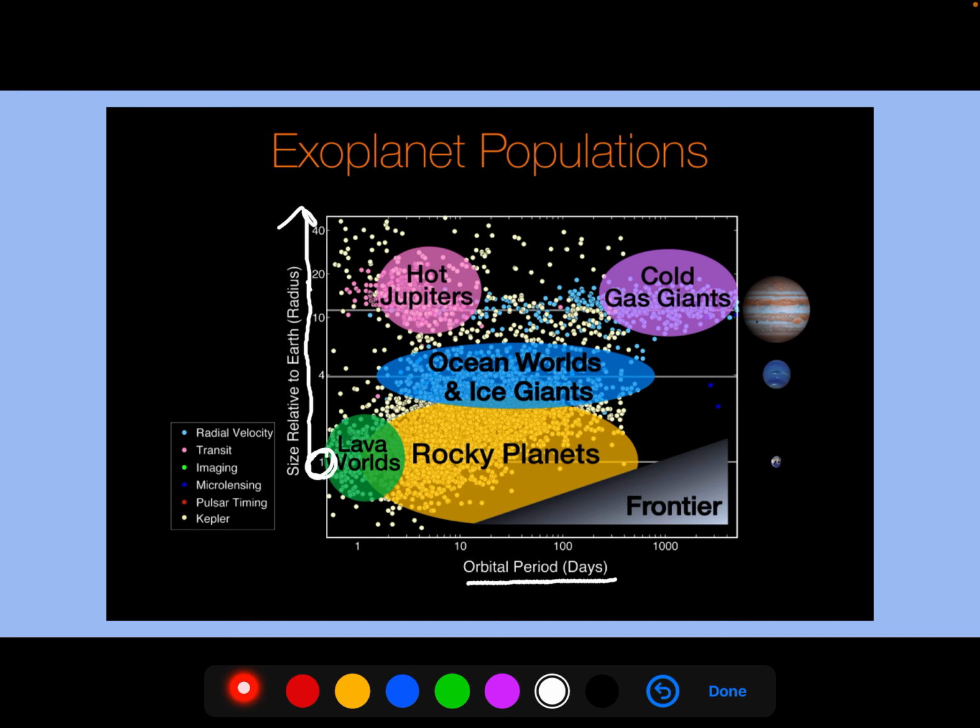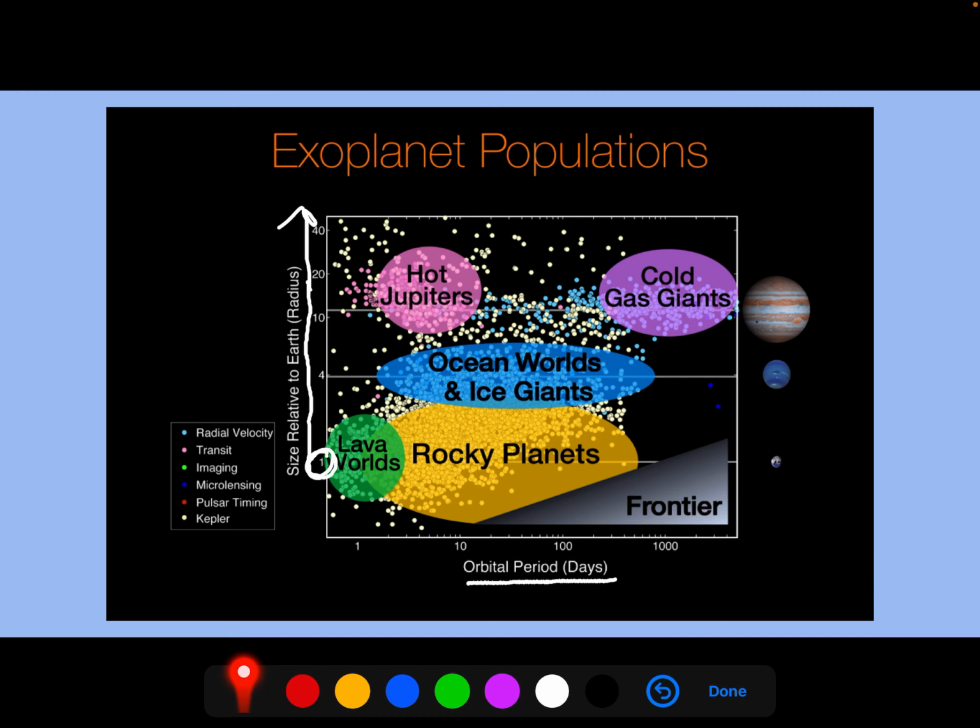What you'll notice is that they completely tend to cluster toward Earth size and very small orbital periods. It'd be very hard for us to detect something that takes 1,000 days to go around its star, because we're waiting years, right, for that to happen. Several years for it to just cross in front of its star just one time.